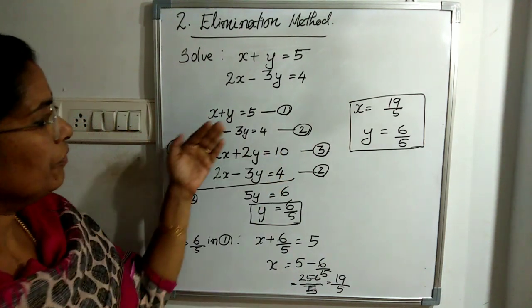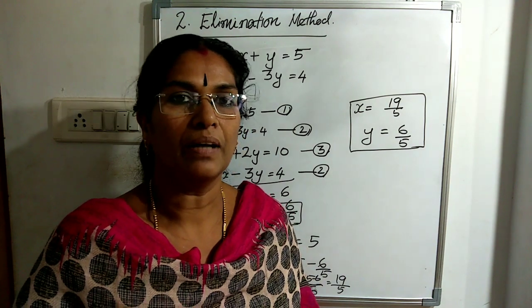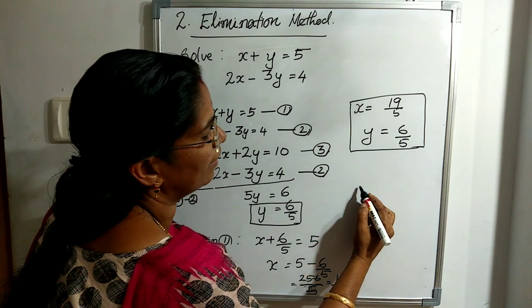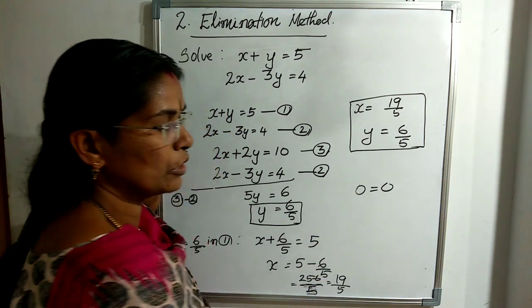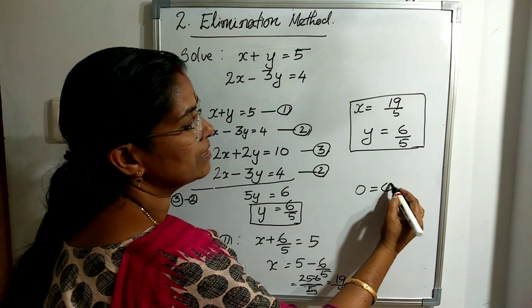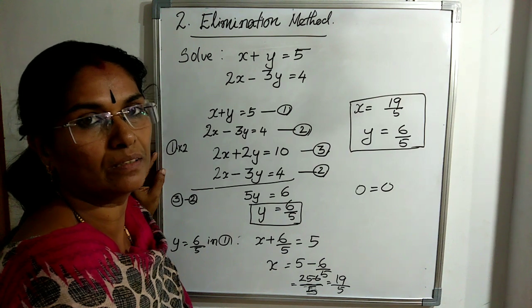Now if we subtract, and the answer comes without a variable, suppose 0 equal to 0, which is a true statement, then we can say there are infinitely many solutions.